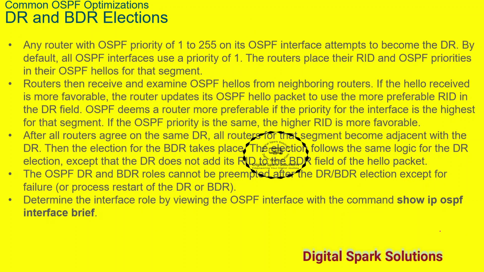Then there's the concept of DR and BDR elections. Any router with OSPF priority 1 to 255 on its OSPF interface attempts to become a DR. By default, all interfaces use a priority of 1. The router places their router ID and OSPF priorities in their OSPF hello for that segment.